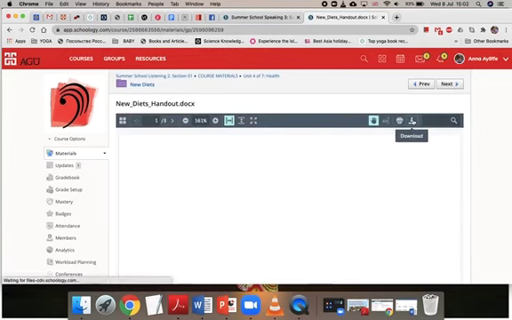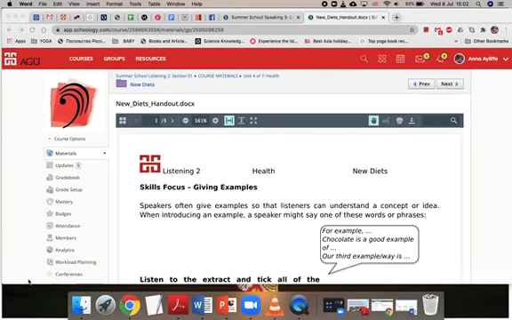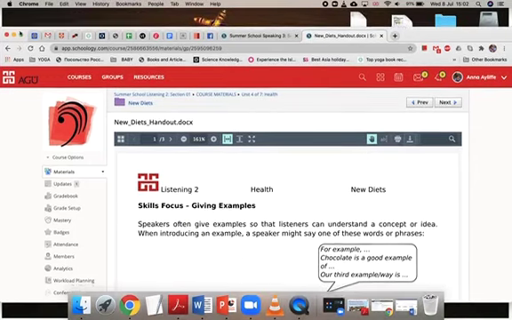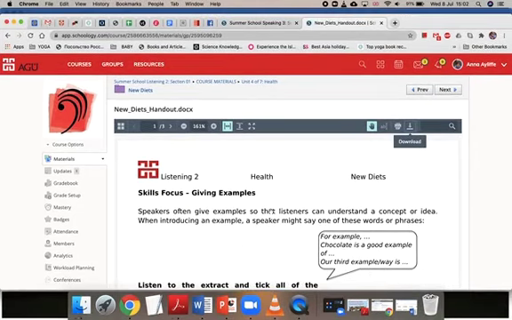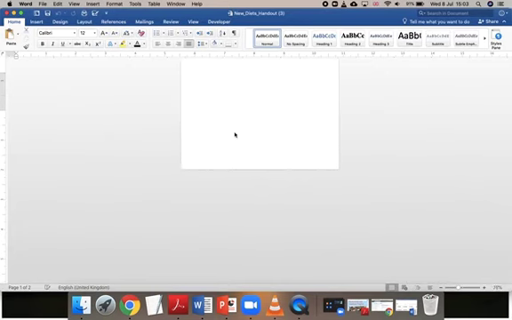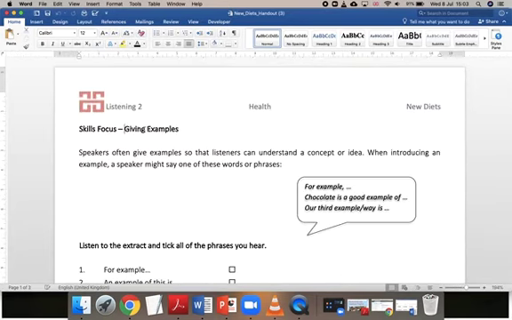Let's download the handout. Here it is. There is a very short skill focus in this lesson: listening to the lecture language, giving examples.